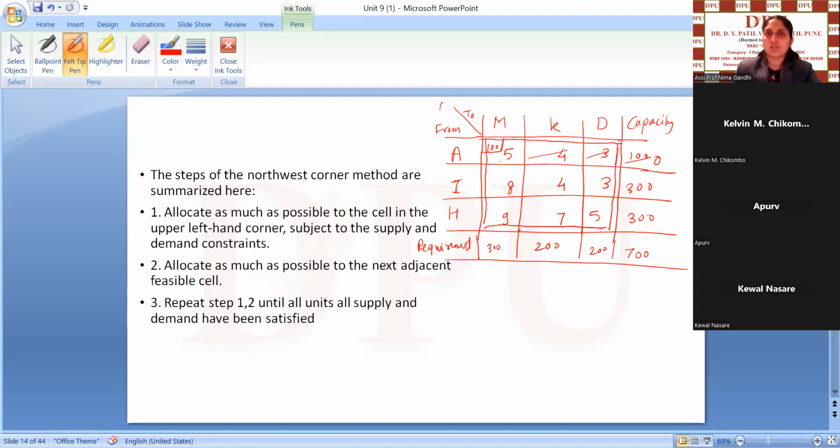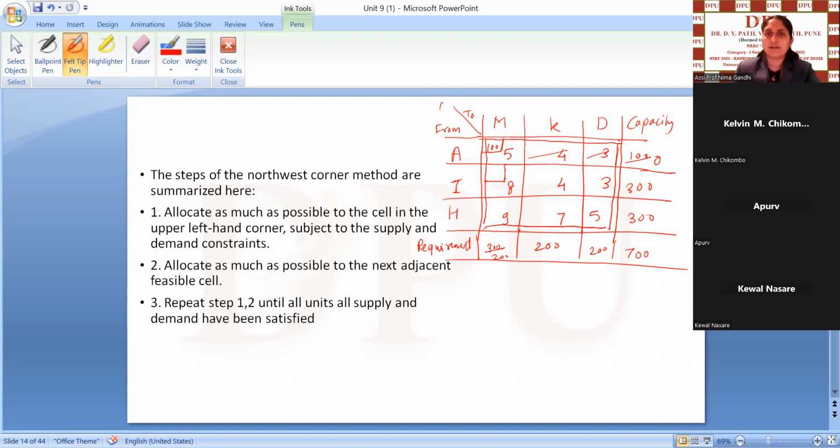Now you have allocated 100 units, so 100 of the requirement is already fulfilled, so 300 minus 100 is 200. The requirement for Mumbai is now 200. The next northwest corner is this cell, right? So I'm again making a square and allocating the minimum of these two values: the minimum of 200 and 300.